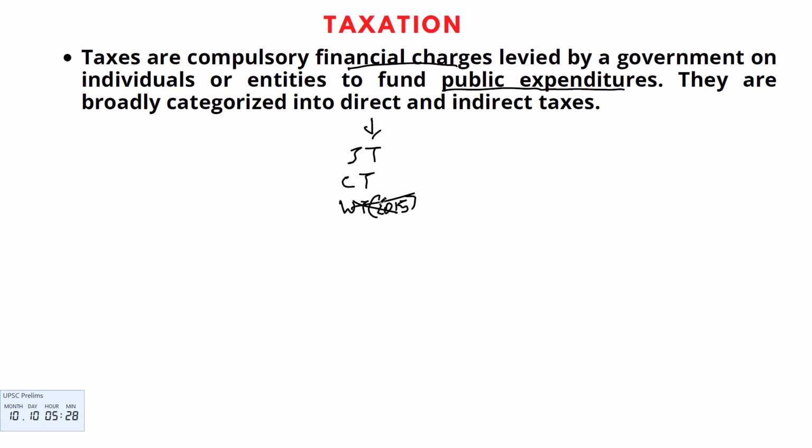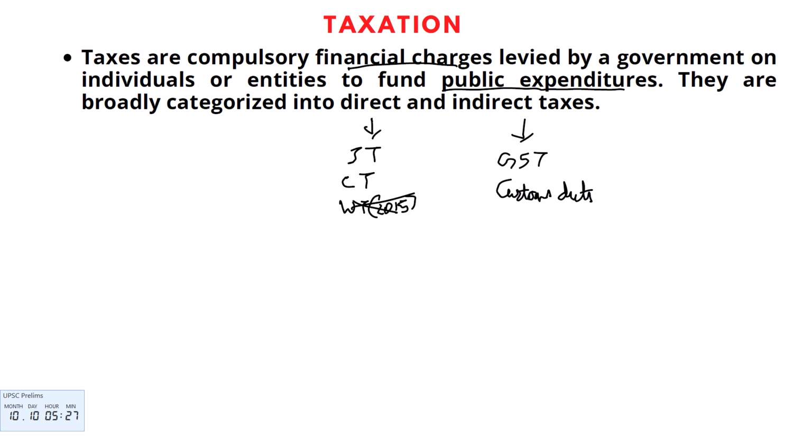Income tax and corporation tax are aspects of direct taxes, while indirect taxes are goods and services tax, GST, and customs duty. So this part belongs to indirect taxes. That is, tax is put on an individual or a company to fund the public expenditure. So that's how taxation works.